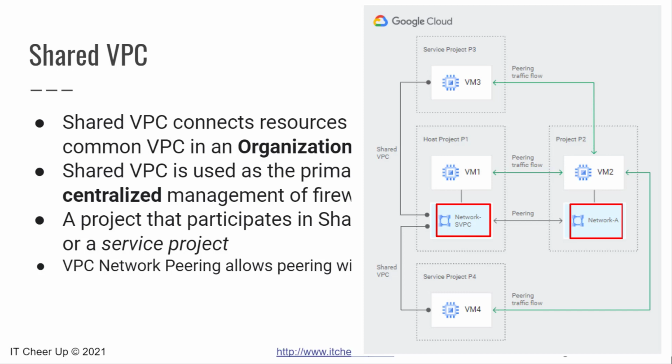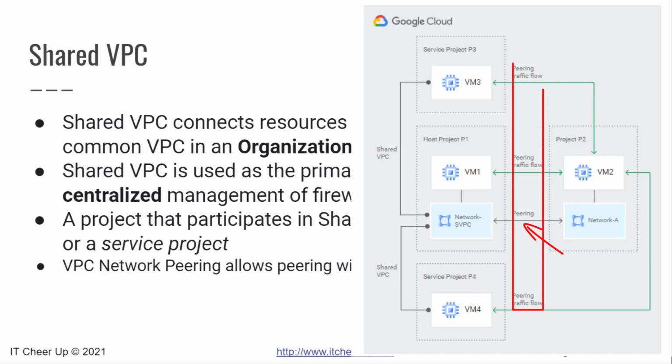As a result, you can see the VM instances in the shared VPC service projects that are using the network SVPC, VM3 and VM4, have private internal IP connectivity with any endpoints associated with network A. VM instances associated with network A will have private internal IP connectivity with any endpoints associated with the network SVPC, regardless of whether those endpoints live in the host project or in a service project.